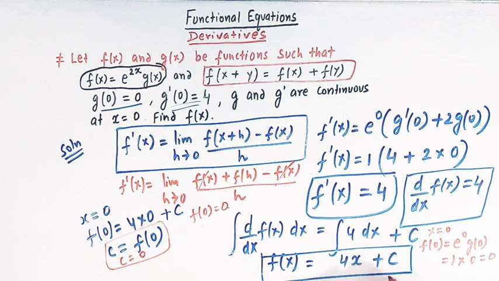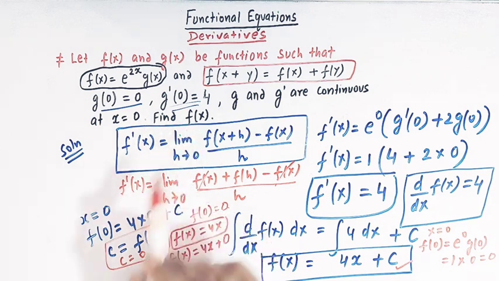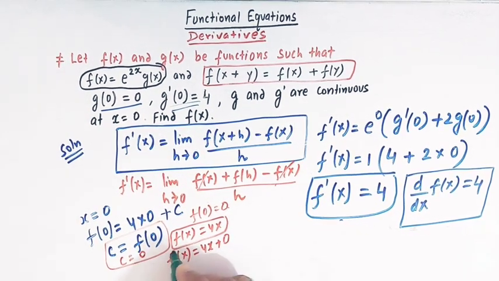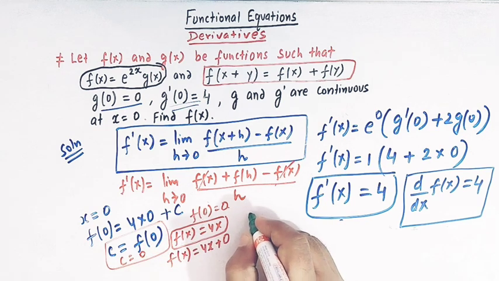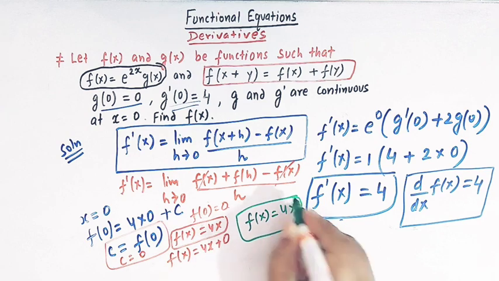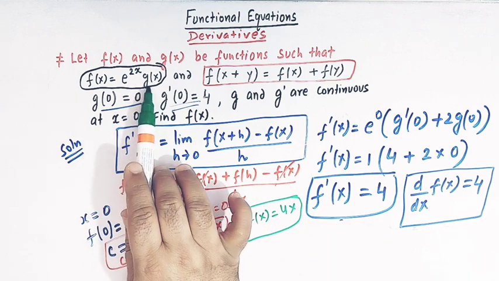Taking c equal to 0 in this equation, we have f of x equal to 4x plus 0. So f of x is equal to 4x, right? So this is the form of the function f of x. So viewers, we have seen that f of x is a linear function, f of x is 4x. Now let us find the form of the function g of x.